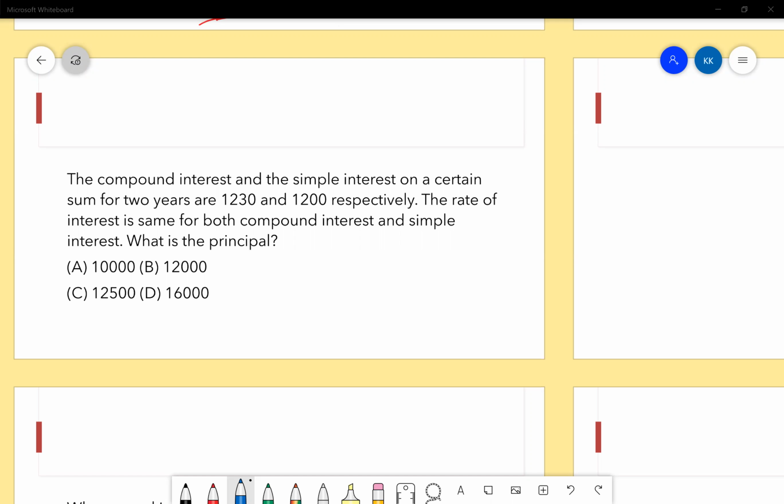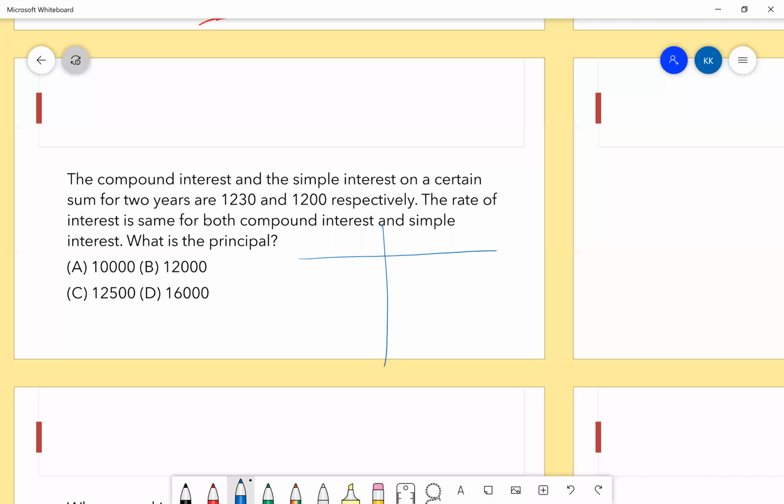So I tried to substitute in the compound interest formula. And then, since the R value was the same for both, I tried to get P in terms of R. I started doing it, but then the calculation became too complicated. Your concept is right. The trick you have used is perfect. Yeah, maybe I should be faster with calculations.